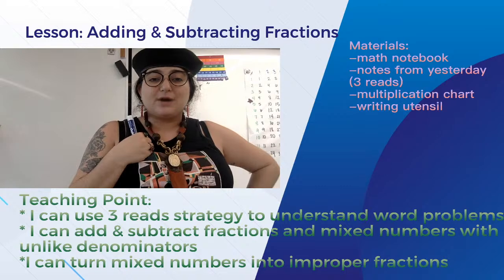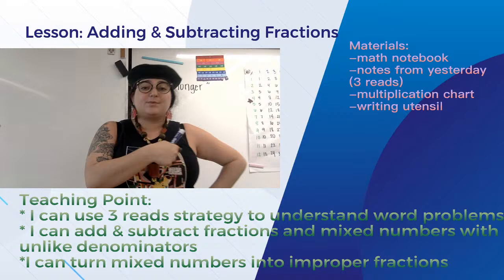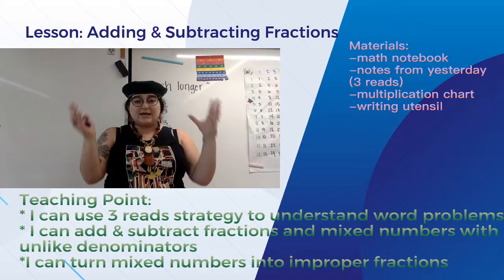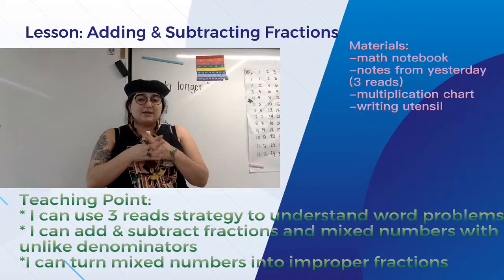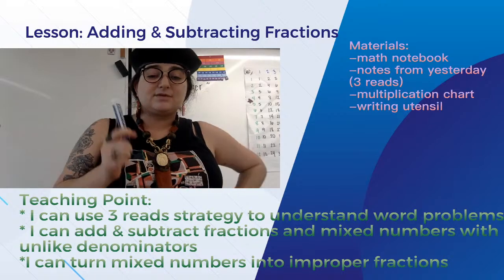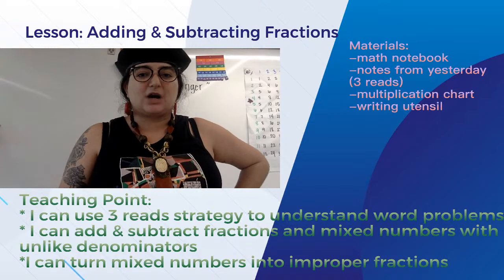So before I dive into the teaching points, double check that you have these materials with you, that you have a math notebook or a notebook that is your all-encompassing fifth grade notebook with all of your notes organized. I would really love it if you had your notes from yesterday, particularly the notes on the three-read strategy. You should also have a multiplication chart handy.